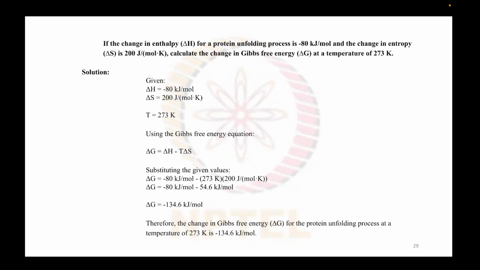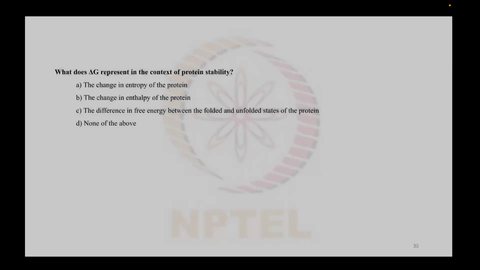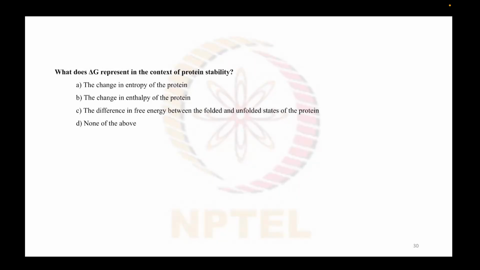So this is how calculations are done for calculating change in free energy for a protein folding process or an unfolding process based on the entropy change and enthalpy change given. So now I have, what does delta G represent in the context of protein stability?